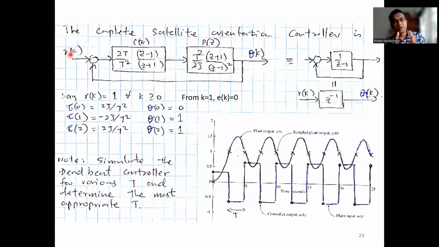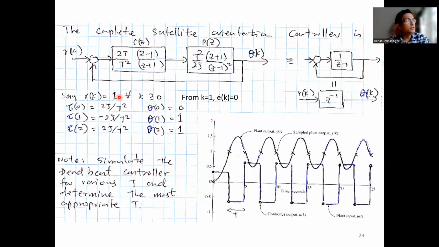Now we are putting the reference input, okay, not the torque or anything, reference input, and let's say we set it to 1. So rk is equal to 1, which means every k, r0, r1, r2, r3, r4, right? So they're all ones. They're all ones, okay.